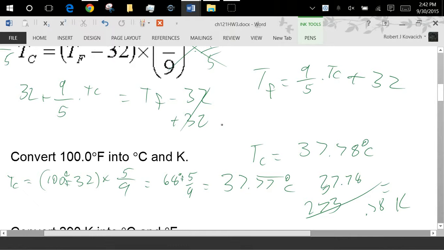So my Kelvin temperature is going to be 310.8.